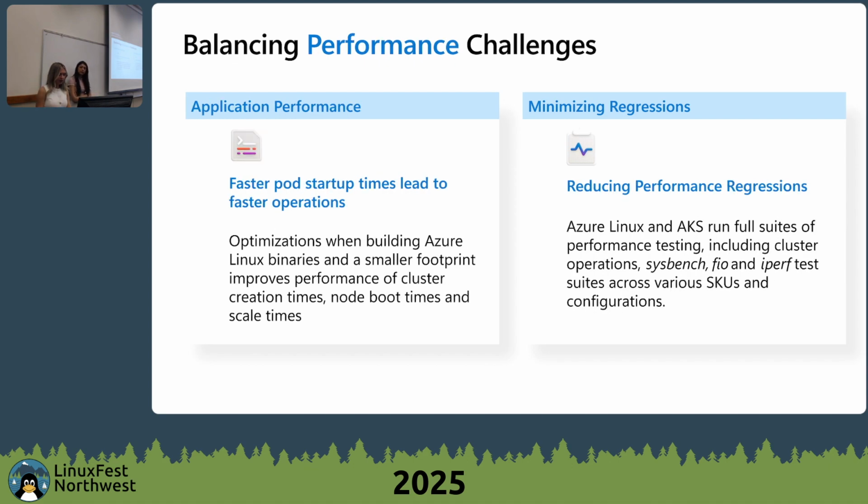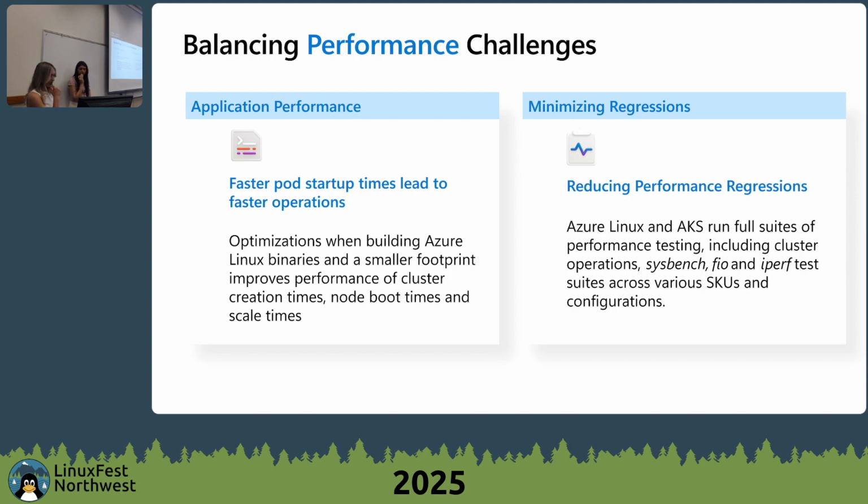The last one I will touch on is performance. We make some optimizations when building the Azure Linux binaries, and since we have that reduced, smaller footprint, we have noticed performance improvements in AKS cluster CRUD operations, like cluster create, upgrade, delete.